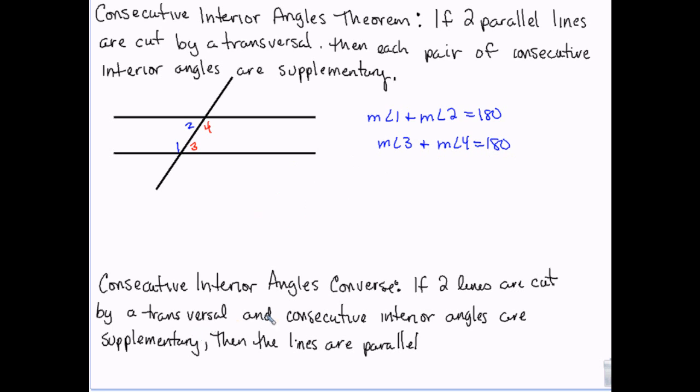And the converse says that if I have two lines and a transversal, and these angles add up to 180, that means the lines are parallel. So again, you start with parallel lines, you get supplementary angles; you have supplementary angles, that means you have parallel lines.